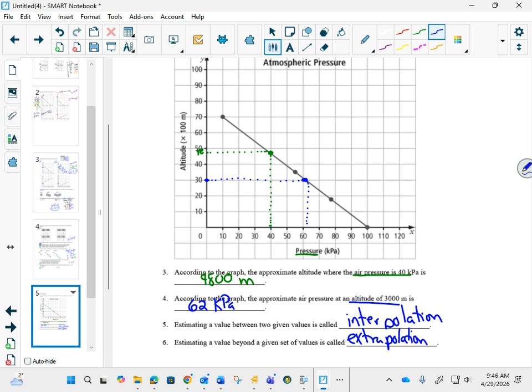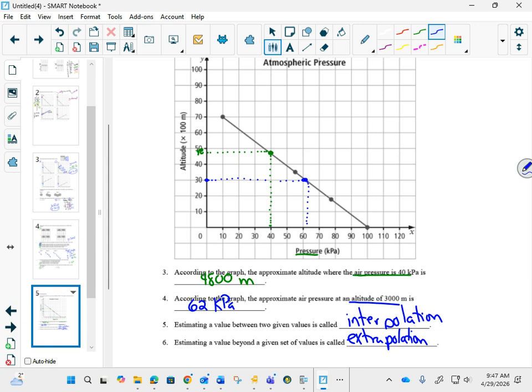So you'll need to know those words, and maybe you want to put that on your cheat sheet right now. If you're estimating inside values, that's interpolation. If you're estimating outside the values, so for example here, if they said, what about if it had a pressure of 5? How high would you have to be?